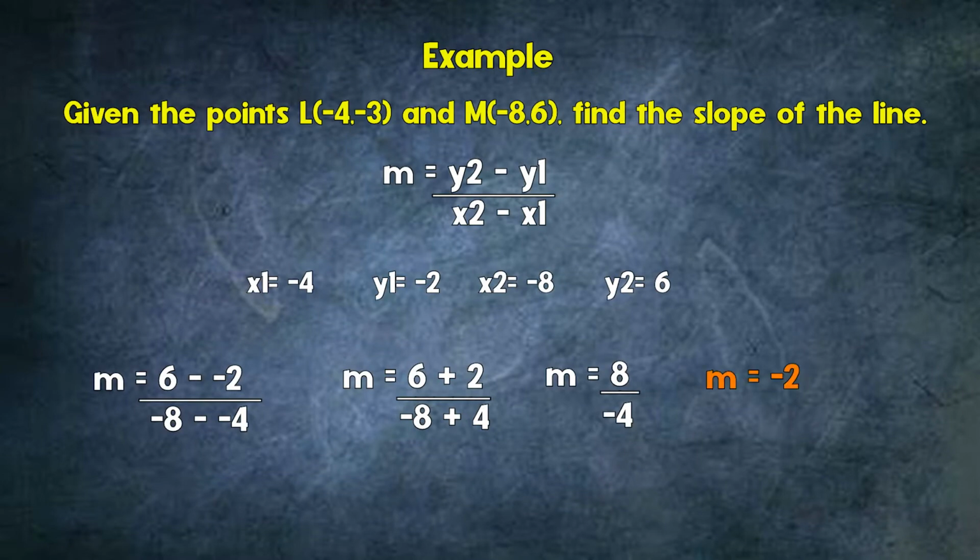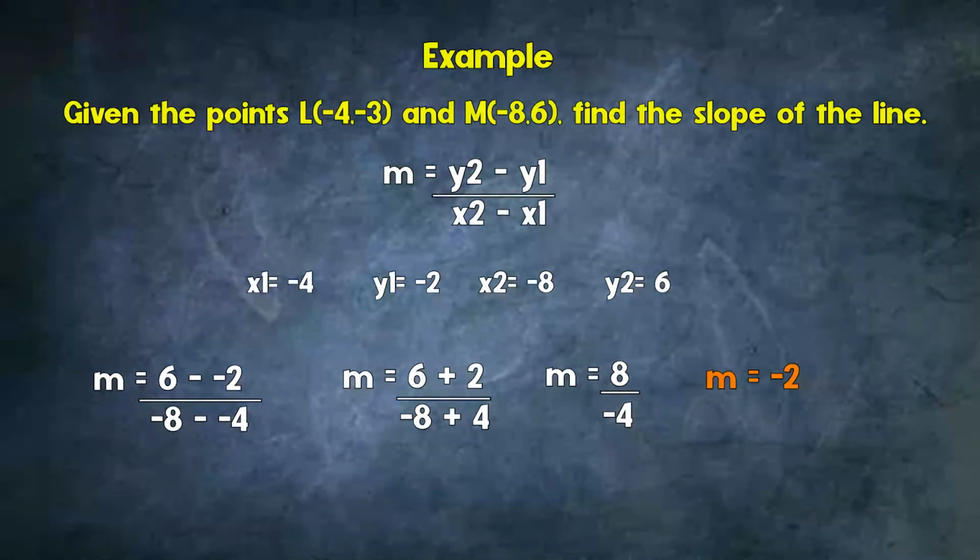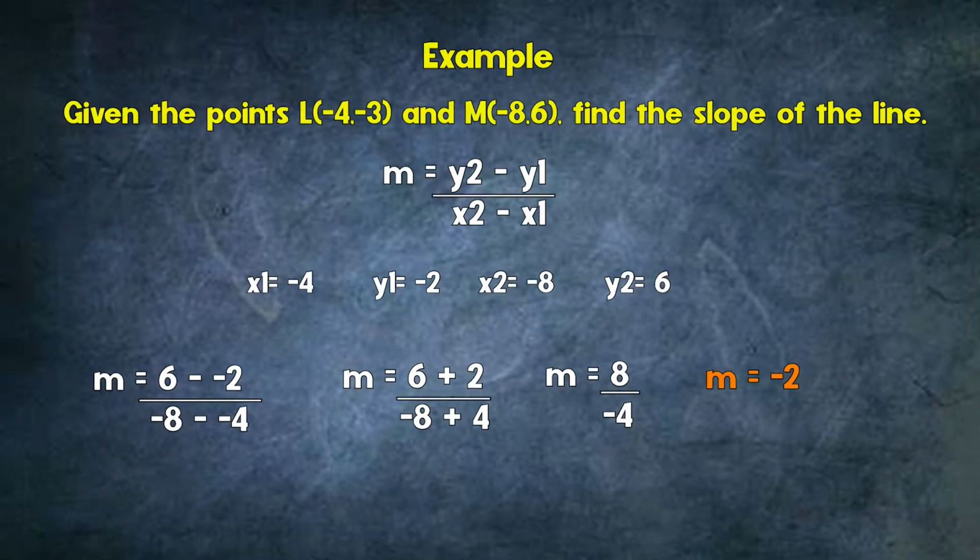So 8 divided by -4 is -2. So the gradient of this line that has 2 points, L (-4, -2) and M (-8, 6), is equal to -2.